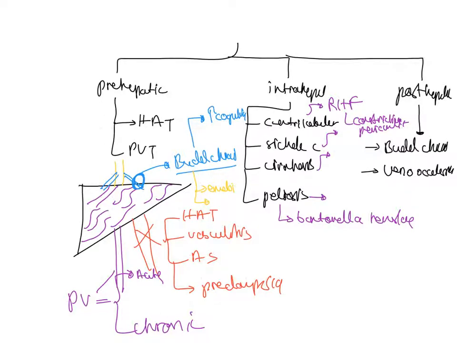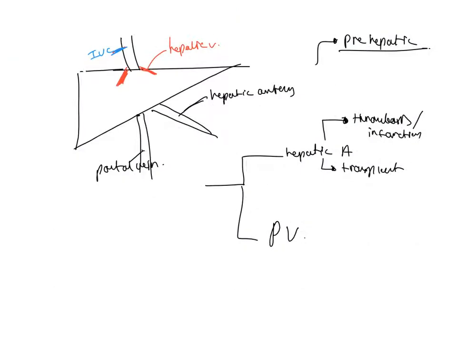Then let's go to prehepatic obstruction. Continue. So in this we have two different types. One is hepatic artery and one is portal vein. What do you think will be the symptoms in a prehepatic artery or portal vein obstruction? Will it be hepatomegaly, or will it be formation of ascites?